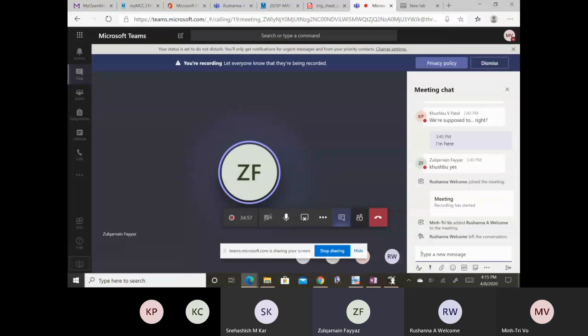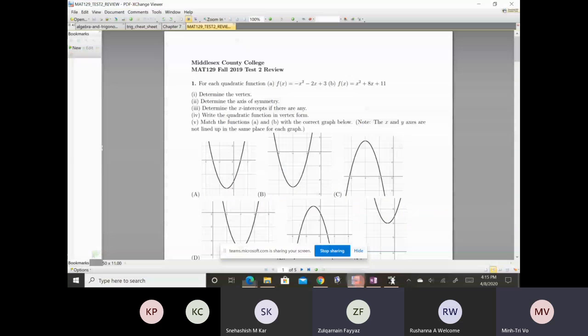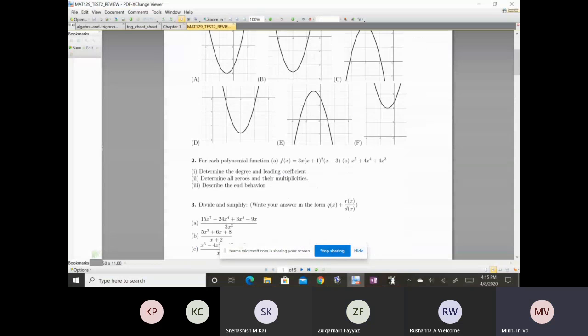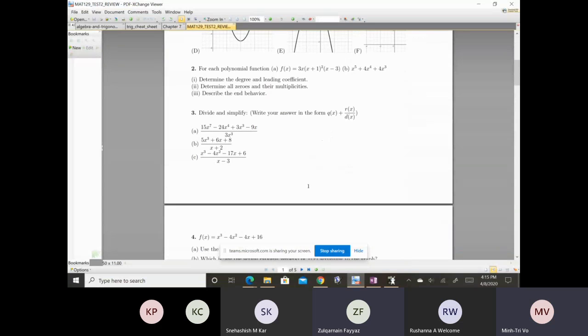Question 3 in the test 2 review is basically a long division. It says divide and simplify. You don't have to use a particular method to do the division.